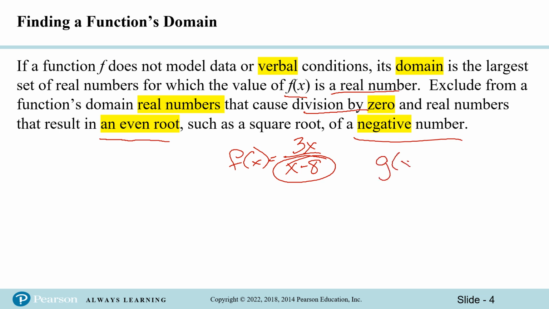So if, say, for example, you have the square root of x plus 7, you have to avoid taking the square root of a negative number. So those are the two main scenarios you have to watch out for when you are finding the domain. Pretty much everything else, the domain is going to be negative infinity to positive infinity.